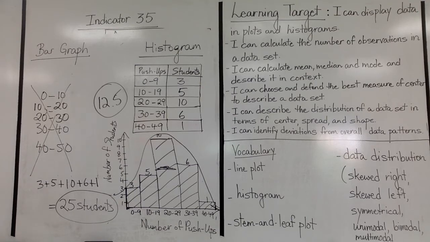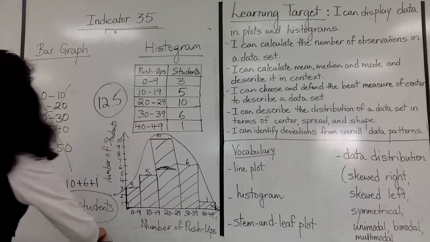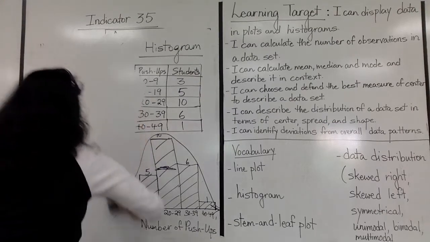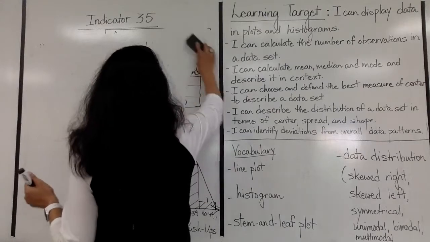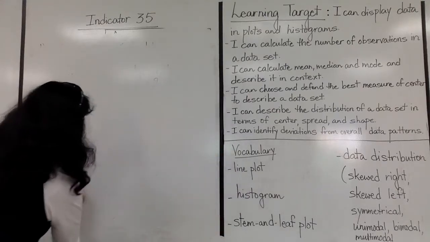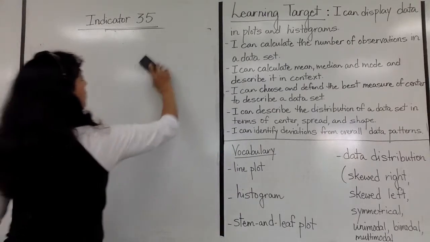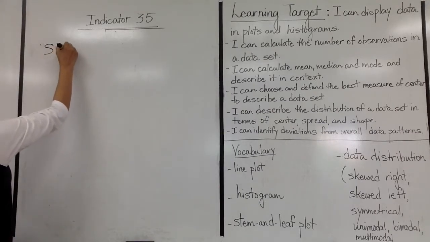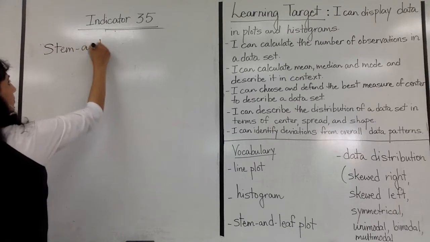So let me explain what that means. Let me go ahead and remove this. And I'm just going to give you some random numbers over here. So now we're doing a stem and leaf plot.